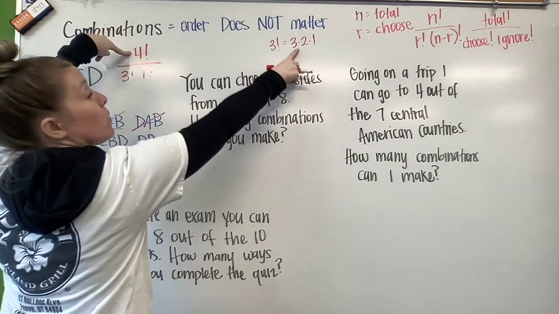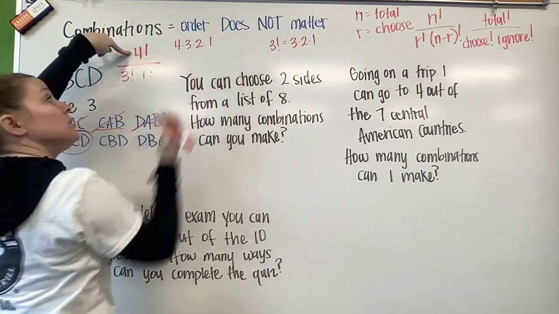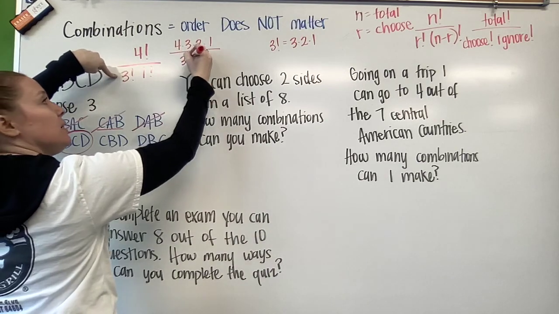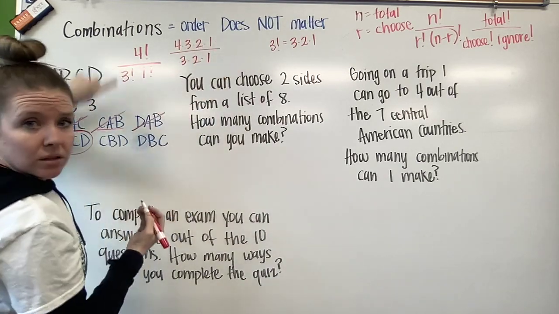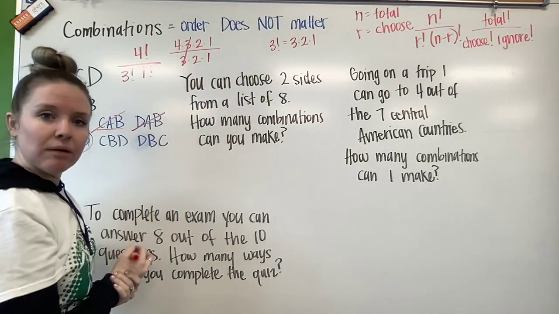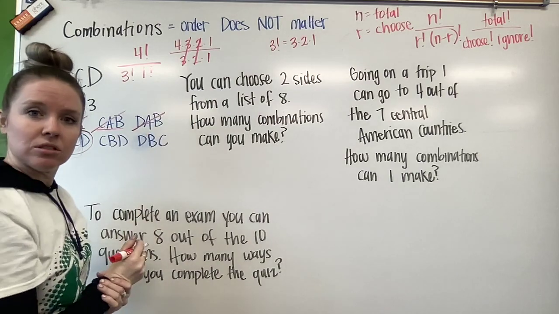So again, factorial. This means 4 times 3 times 2 times 1. And this is going to be 3 times 2 times 1. Well, that's convenient. 3 divided by 3, that reduces to 1. 2 divided by 2, that reduces to 1.